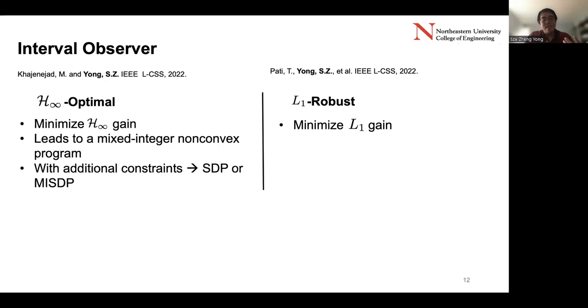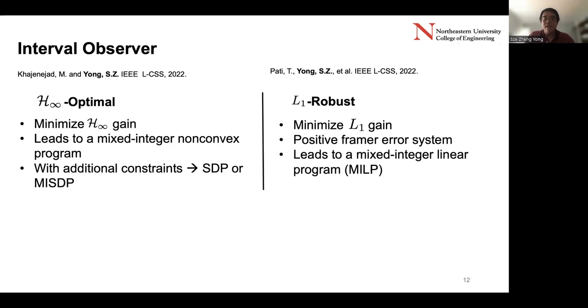But if we add some additional constraints, we can reduce them to either SDPs or mixed integer SDPs that will at least be solvable with off-the-shelf toolboxes that we can find out there. And for minimizing the L1 gain, we can show that we can reduce this to a mixed integer linear program. With off-the-shelf solvers, there are a lot of them that can solve MILPs exactly, so we are not losing anything here.